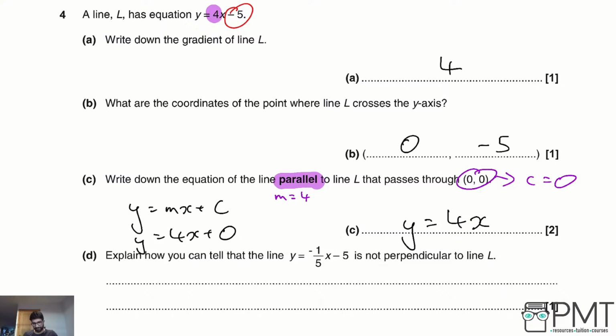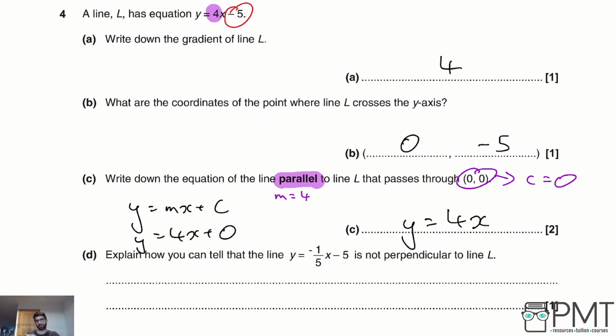Explain how this is not perpendicular to line L. So the rule is negative reciprocal. If you're finding what it is, or checking whether it works or not, you can multiply the gradients together and see whether you get -1 or not.